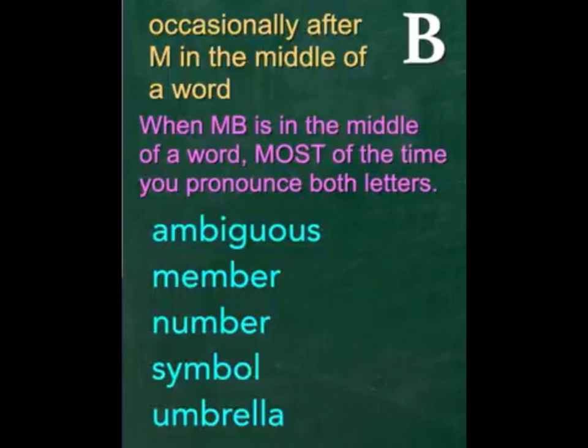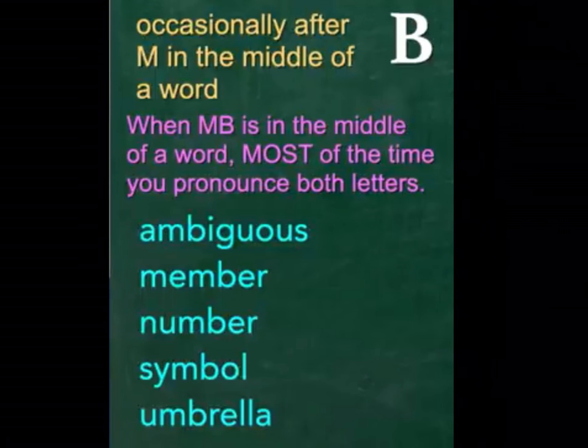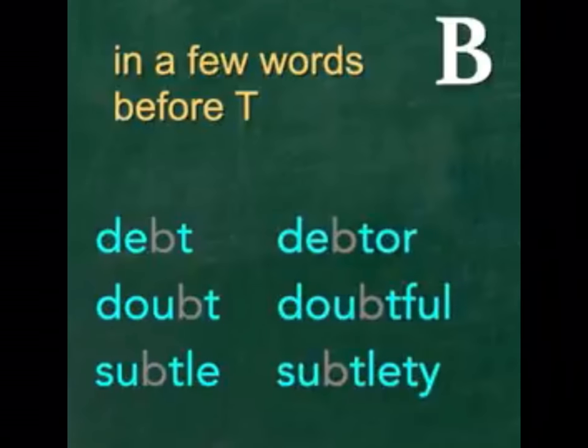So here you can hear the B. We are pronouncing it. Again, ambiguous, member, number, symbol, umbrella. Okay, so you hear the B and we are pronouncing it here in this case.